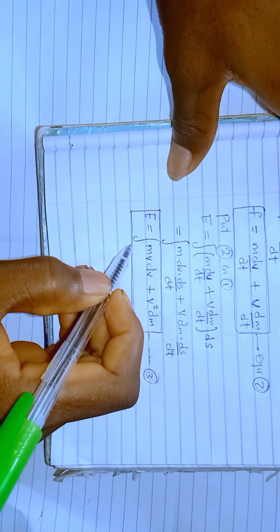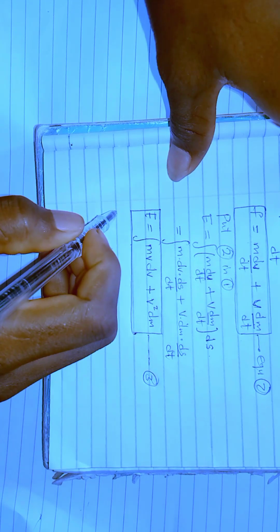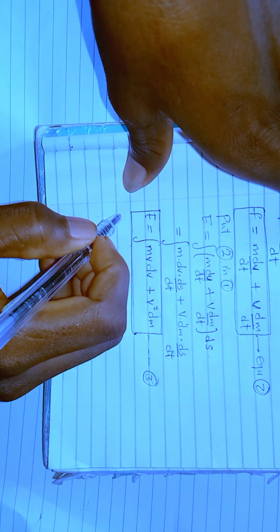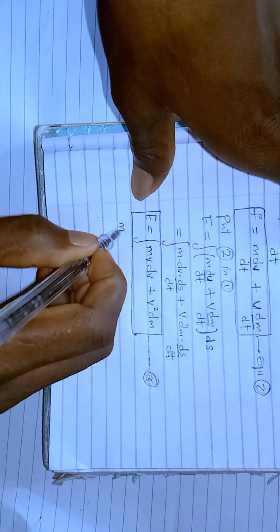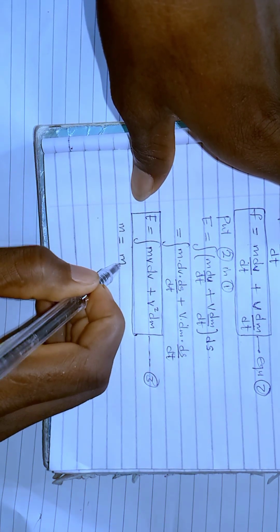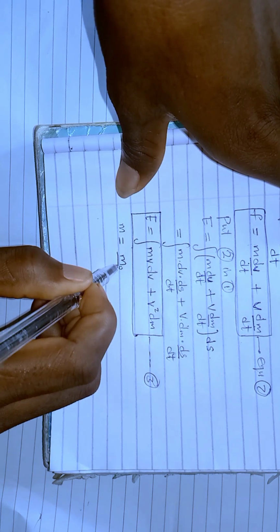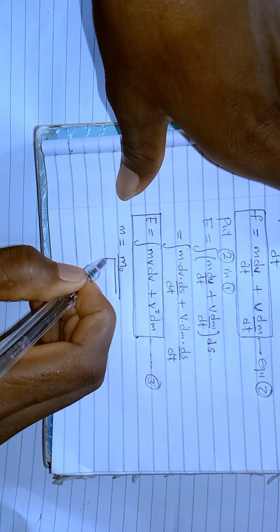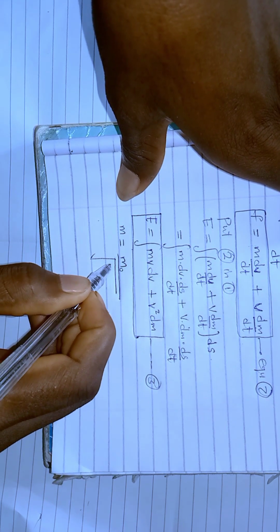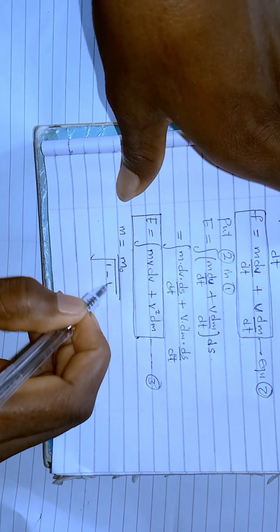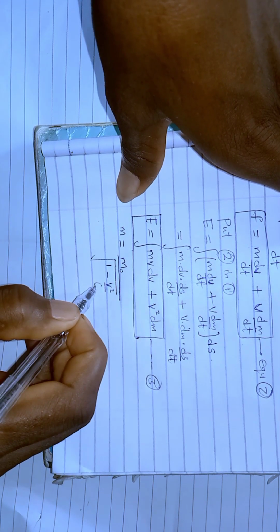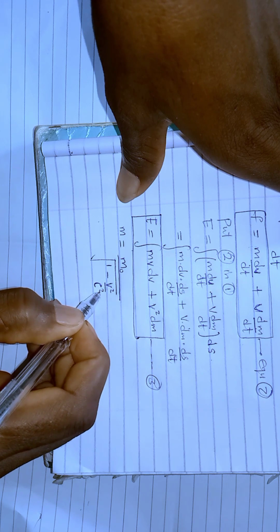On reaching here, from the concept of relativity in physics, we know that the relativistic mass m is equal to the rest mass m naught over the square root of 1 minus the velocity all squared over the constant speed of light all squared.